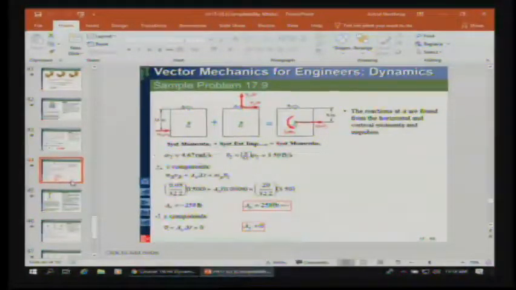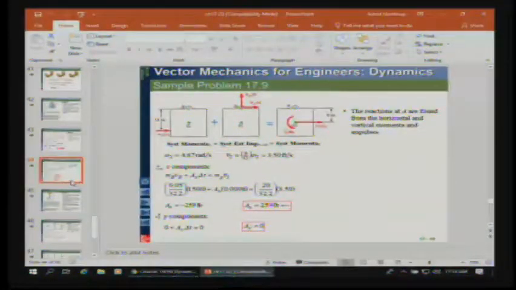So there you go. And then continuing with that idea, instead of breaking it down into the rotational stuff, when we're solving for those reactions at point A, we break it down into X and Y directions. And when we do that, we are also able to find out what those reactions are.